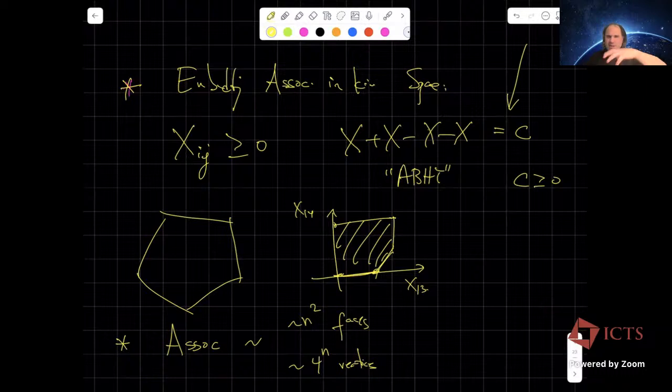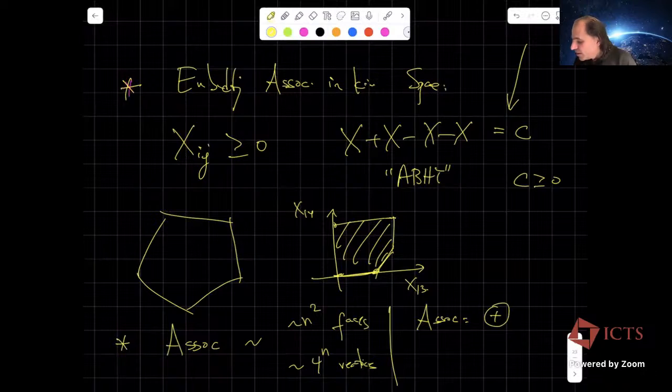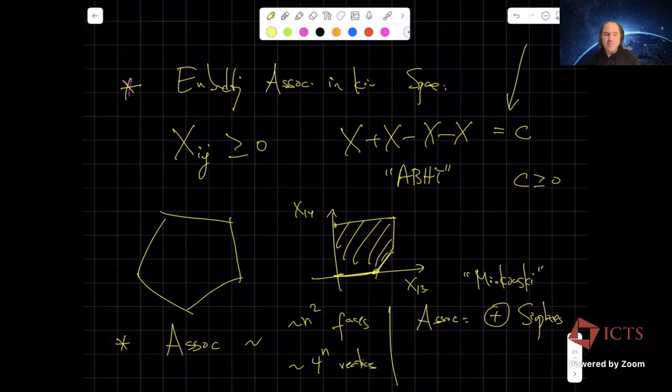So the associahedron looks like a very, very complicated polytope. But in a concrete sense, it is the sum of very simple pieces. It's a sum of a small number of literally simplices. So this is the so-called Minkowski sum picture. I'm not sure if Alok talked about this much, but the seemingly very complicated object with exponentially many vertices is actually built up out of a sum of a small number of simple pieces.